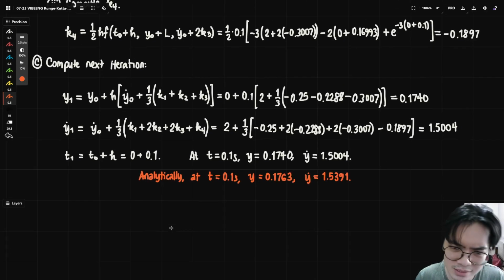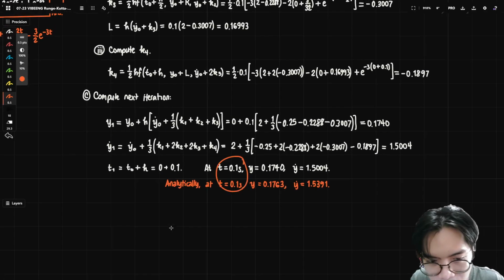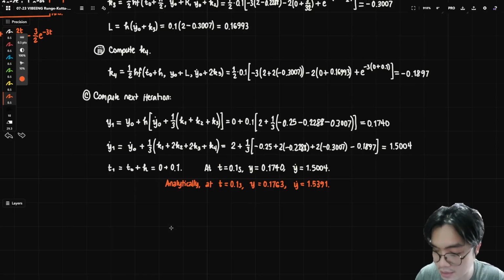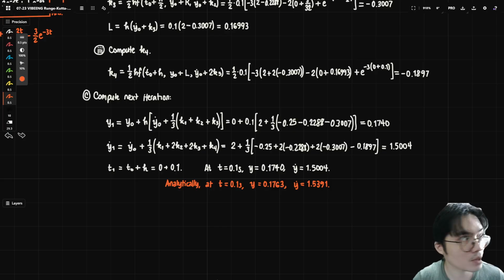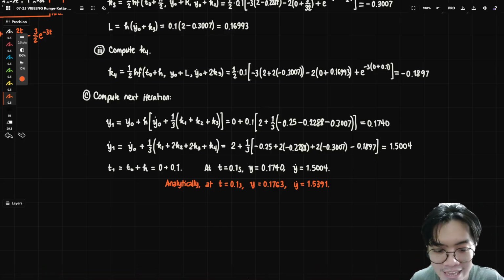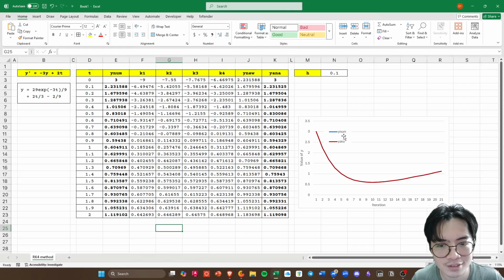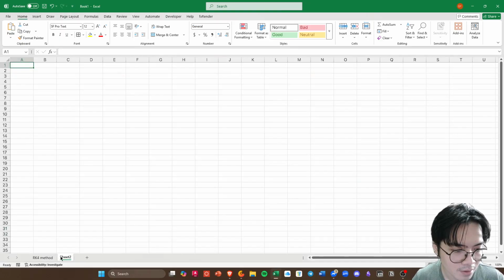Medyo malayo, minsan medyo malapit. Maybe it's because of our step size. Maybe that's too big in the case of RKN, but we will see, right? We will have our RKN this time around. So, try ulit natin to, but now a bit more complicated, right?